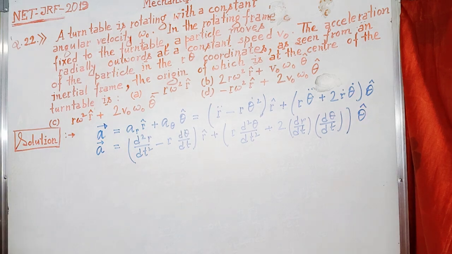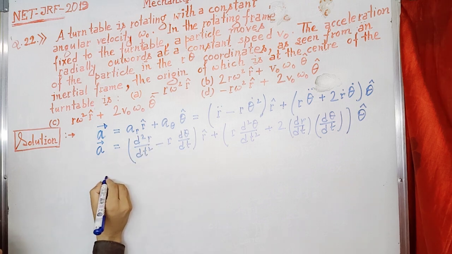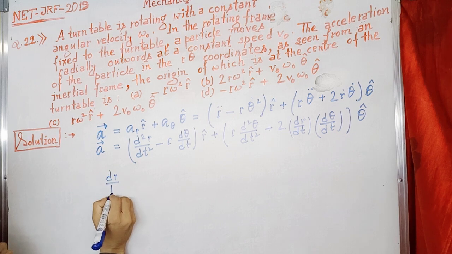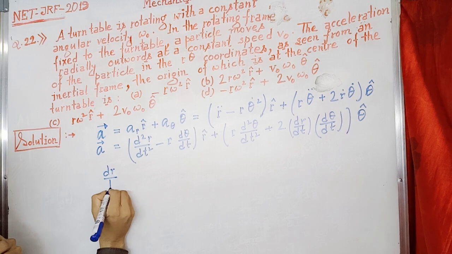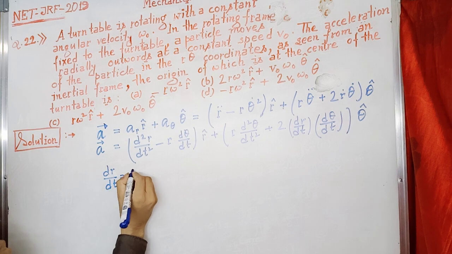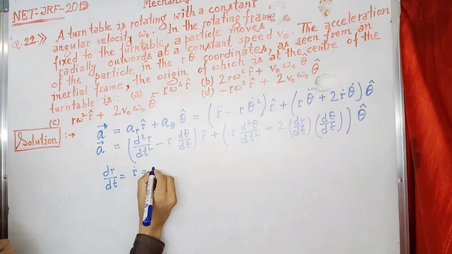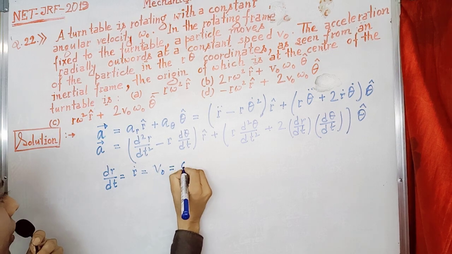Now from the conditions of our question, it is given that the linear velocity dr with respect to dt, which is equal to r dot, is equal to v naught, which is a constant.